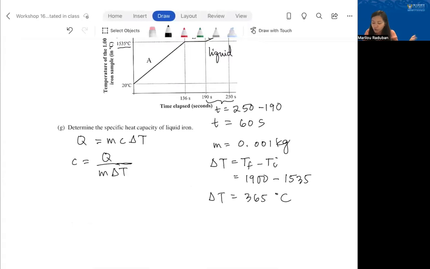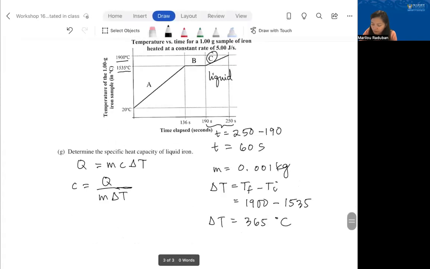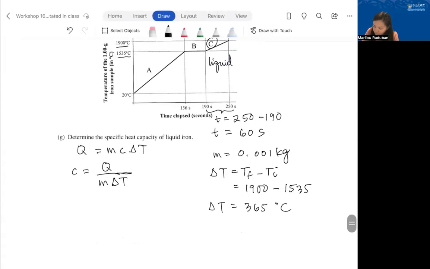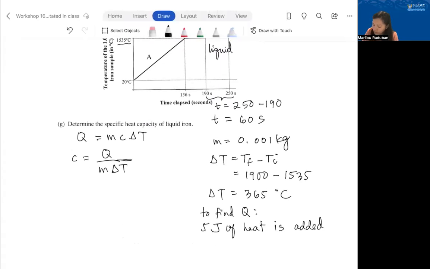Okay, now for Q. We need to find Q. 5 joules of energy is added to the liquid iron over the time of 60 seconds.